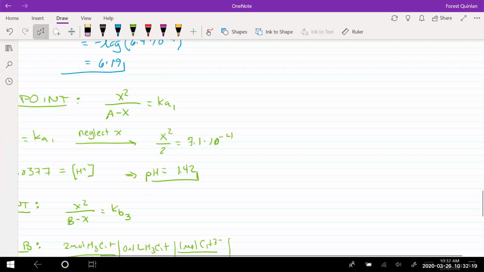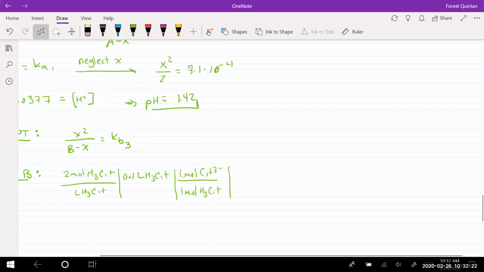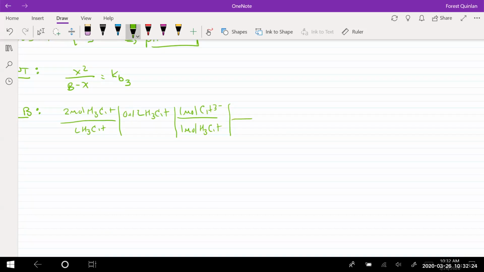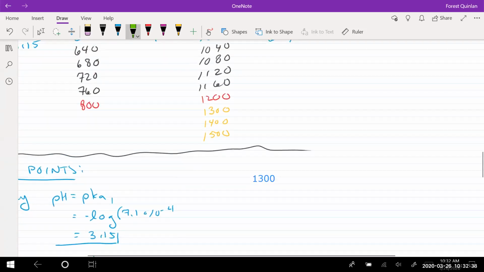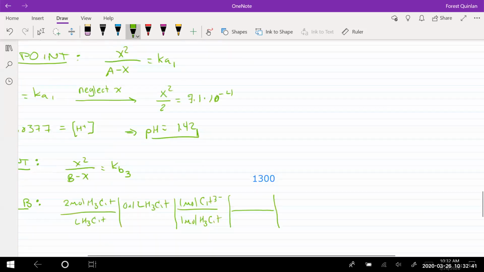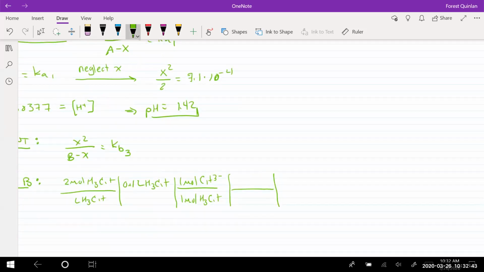And our new volume, let's make sure I don't go beyond. What is our new volume here? It's 100 plus 1200. Yep. So it's 1.3 liters of the solution.